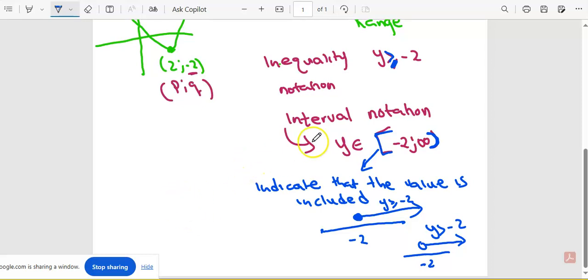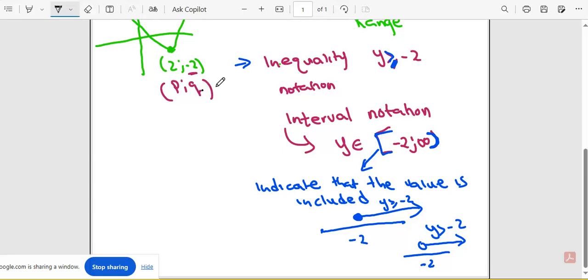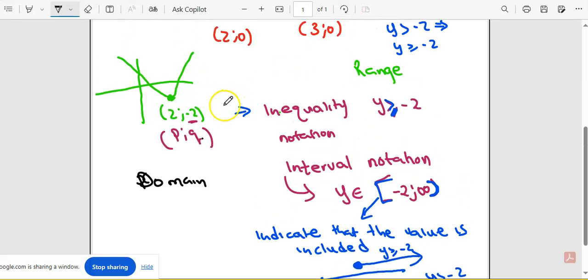Yes, sir. So now we have the inequality notation. To make this simple, let's stick to the inequality notation for now. Then if in an exam they want you to write it in interval notation, this is how you should write your range. As for your domain, remember we said the domain doesn't change. It takes all the x values, so x must be an element of the real numbers.